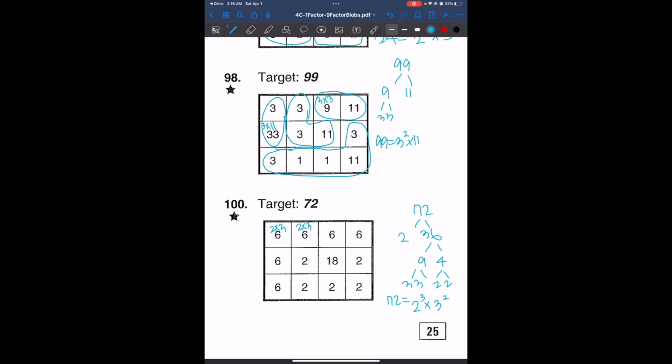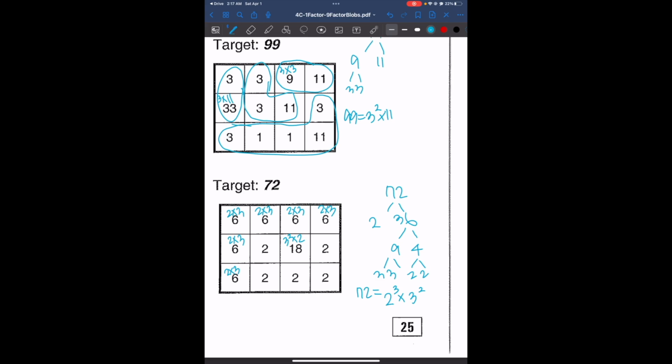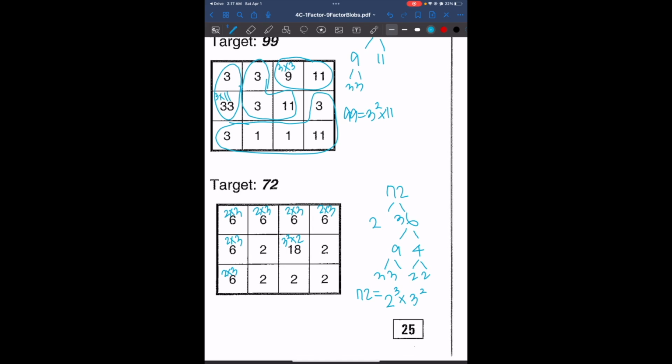And so all the 6's are going to be expressed as 2 times 3. And 18 can be expressed as 3 to the power of 2 times 2. And so these 3 can be grouped into one blob, so that 3 is multiplied twice and 2 is multiplied 3 times.